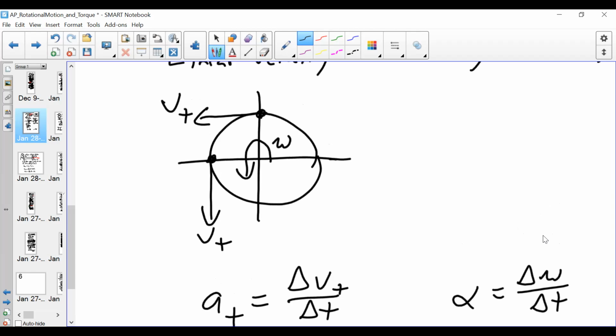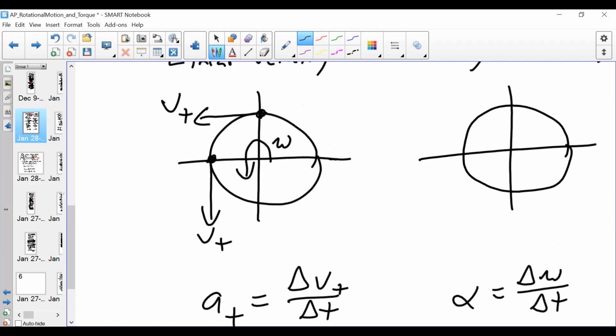So that looks something like this. Circle counterclockwise. And we have tangential acceleration like so. And the angular acceleration is going to be with respect to the fixed axis, whereas the linear acceleration is on the outside.